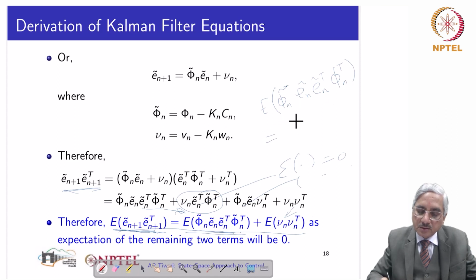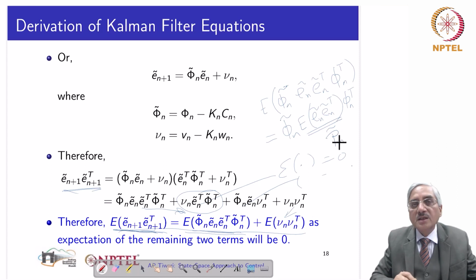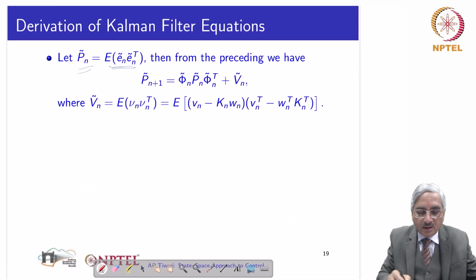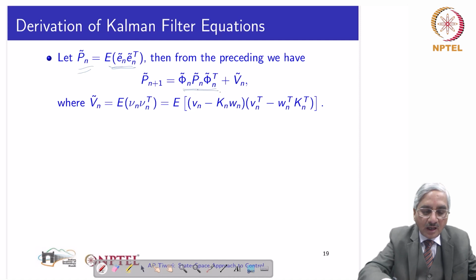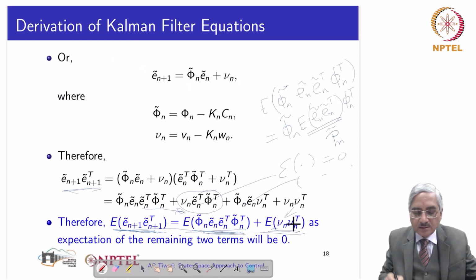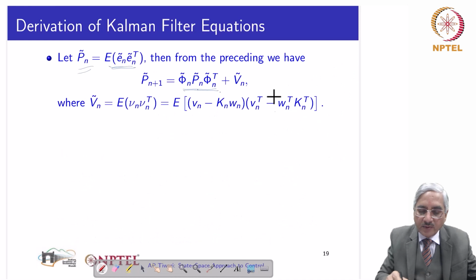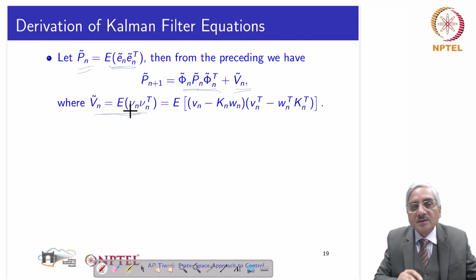This is equal to, because phi n is something deterministic, phi n into expectation of En tilde, En tilde transpose into phi n transpose, and this we defined as Pn tilde. So we make for this a substitution which is phi into P into phi transpose, and this one we are assuming as nu n transpose. Here we have written here, this is Vn.